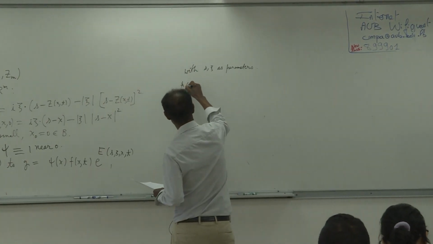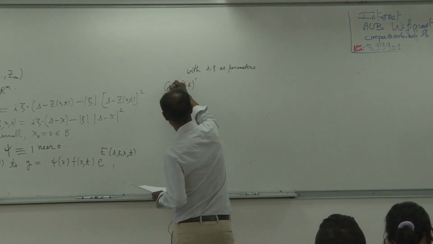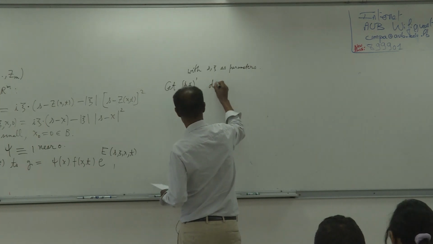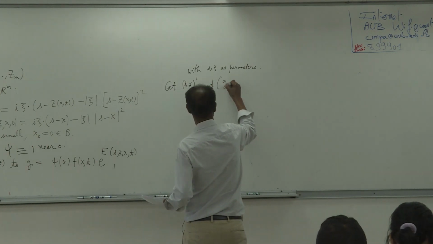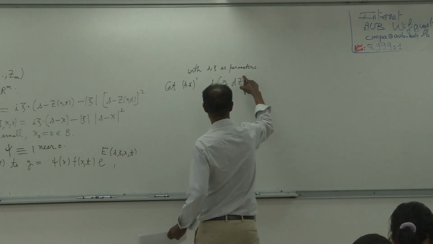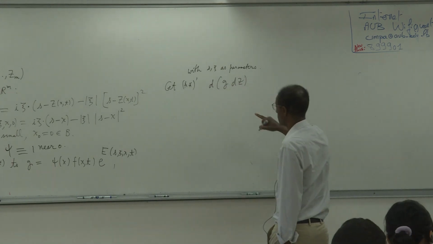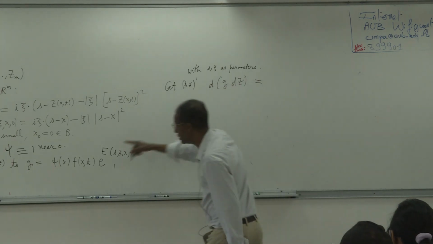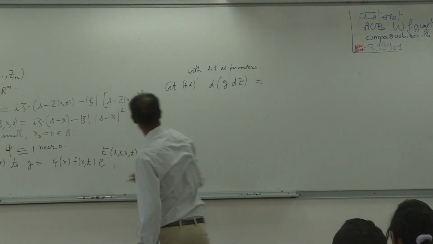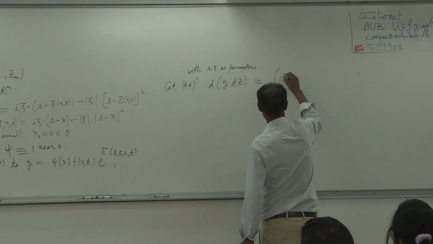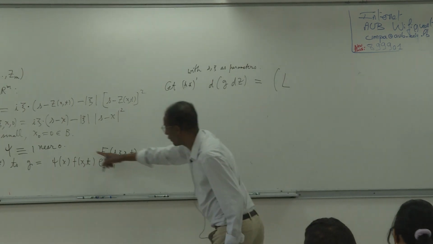So I get star prime, which will say that the differential of G, dz, remember dz is an M form, dz1 with dz2 up to M. So if G is this, then you take L of G, L of this whole thing.